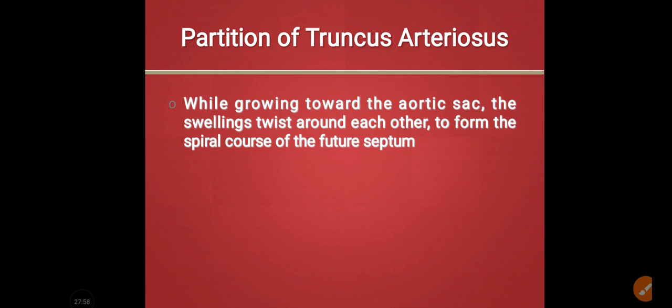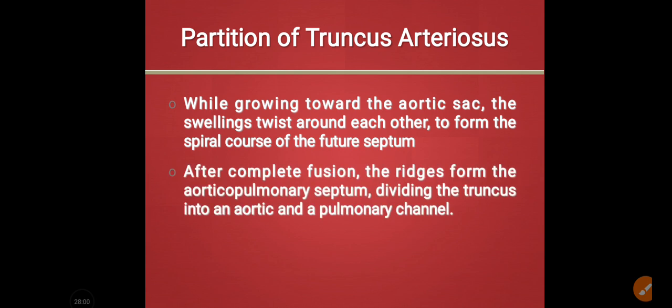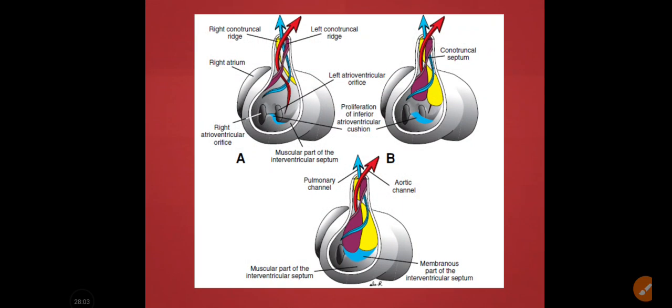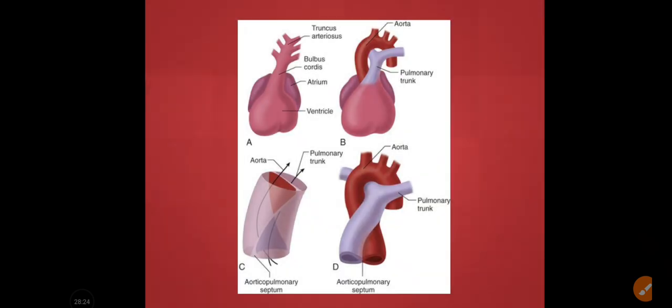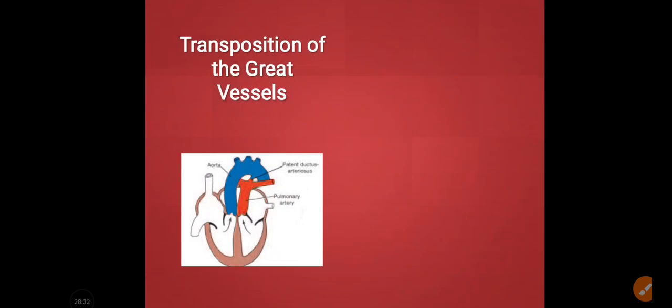When they approach each other, they follow a spiral course. This is the most important point. It follows a spiral course. If they didn't follow this spiral course, it leads to transposition of the great vessels.